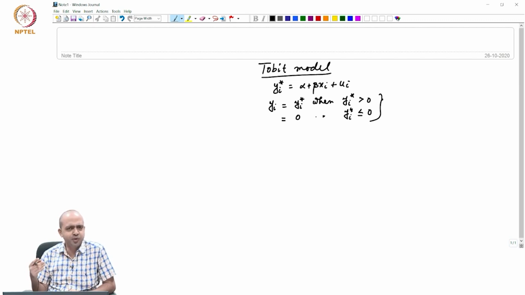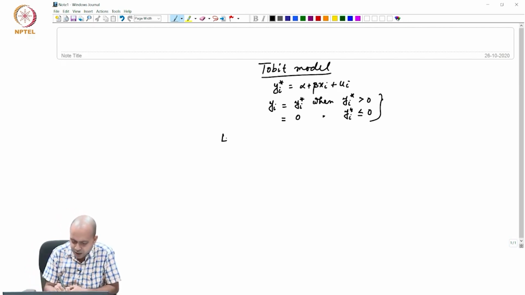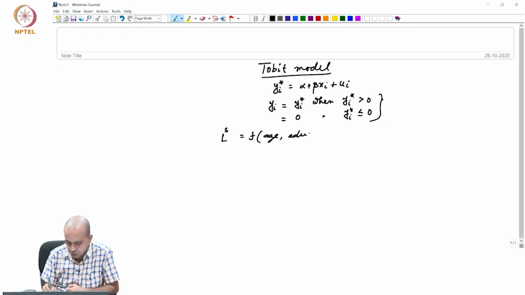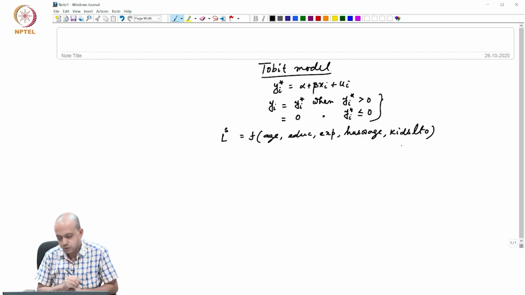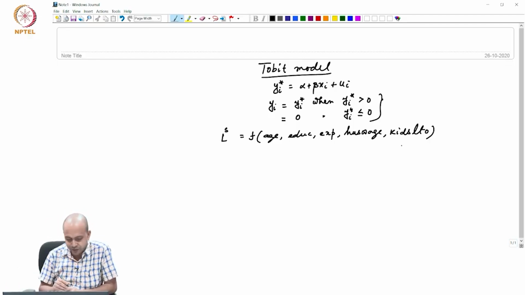For a change in any explanatory variable, let us say, this is our model: labor supply, which is a function of age, then education, experience, husband's wage, number of kids. All right, this is my labor supply function, and this labor supply is measured by hours, right.